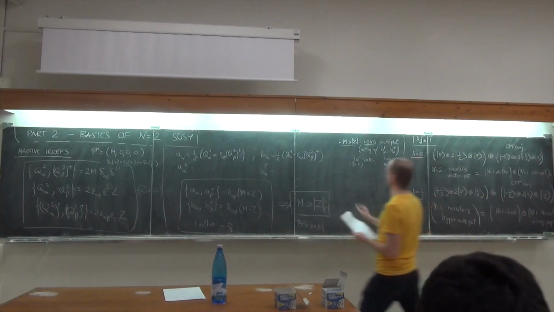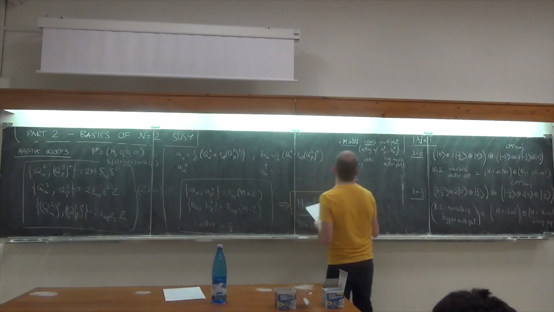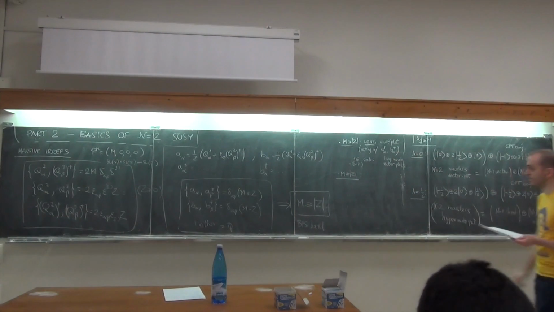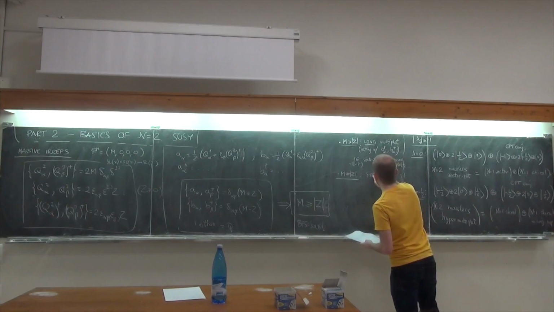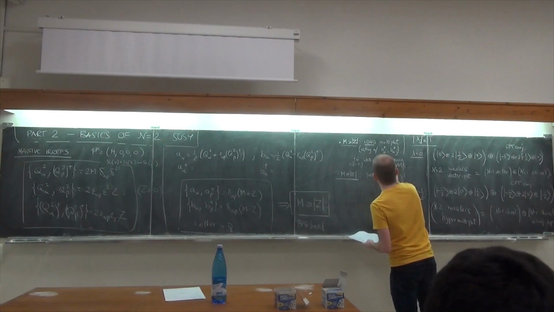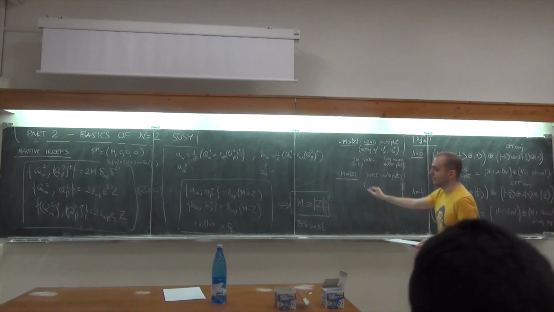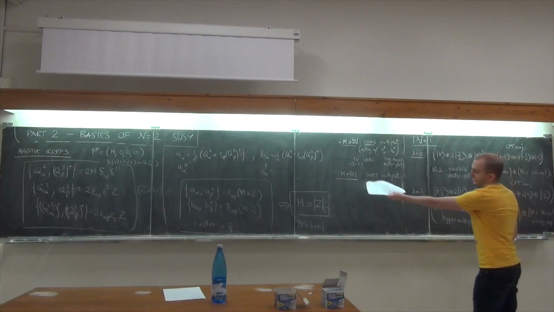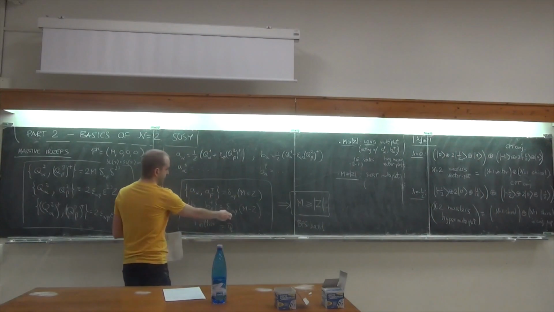So the other option is that the BPS bound is saturated, so the mass is equal to the absolute value of the central charge. And now this gives rise to short multiplets. Why short? Because if this absolute value is saturated, then one of the two right-hand sides is 0.